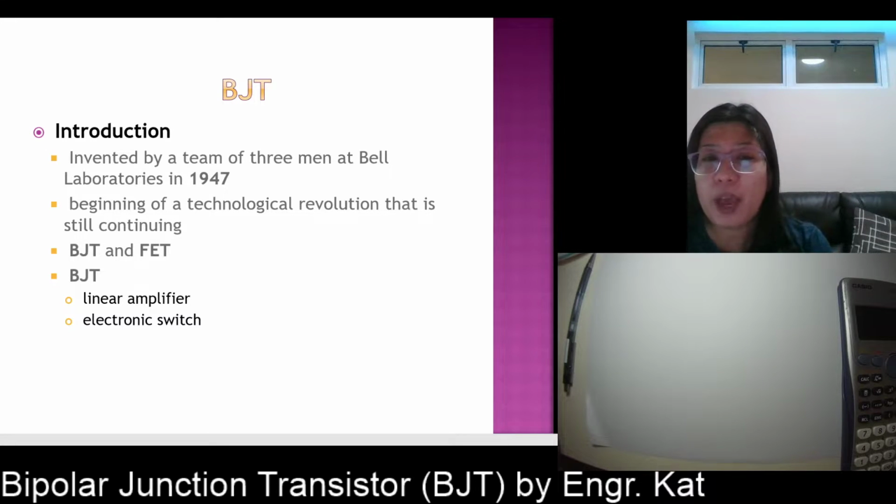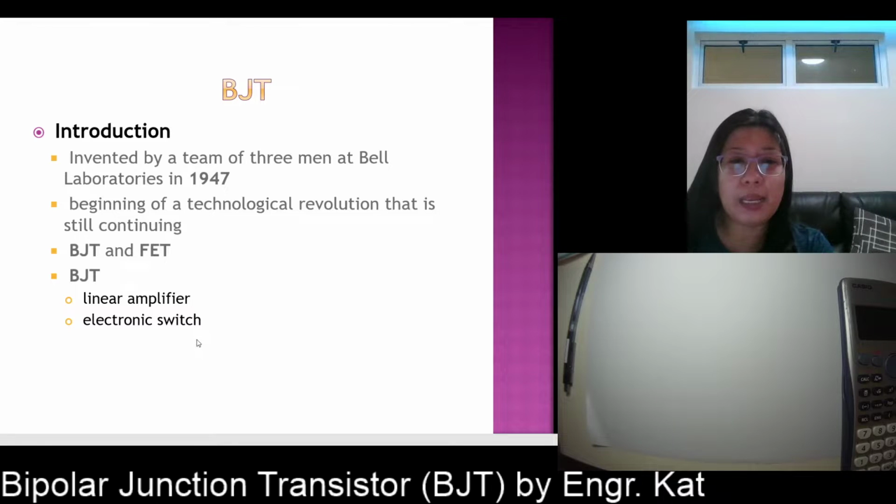When the BJT is working as an amplifier, that means it is working at the active region. While when it is operating as an electronic switch, it shifts between the cutoff and the saturation region.